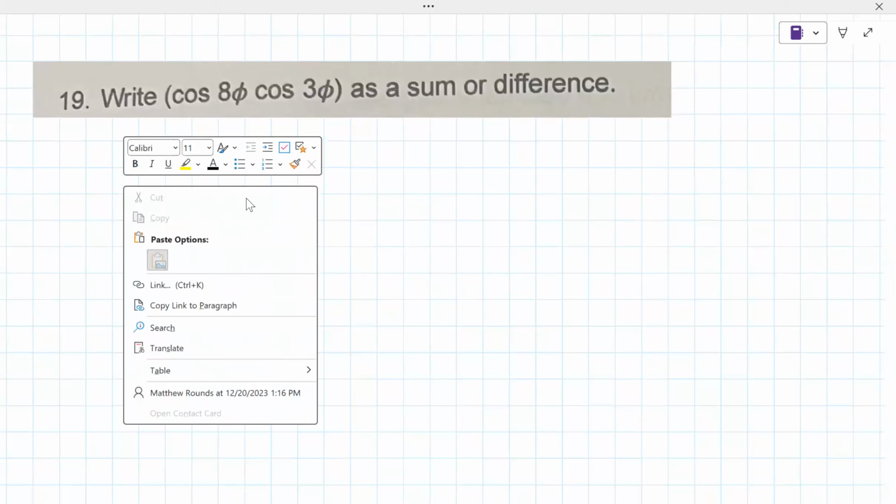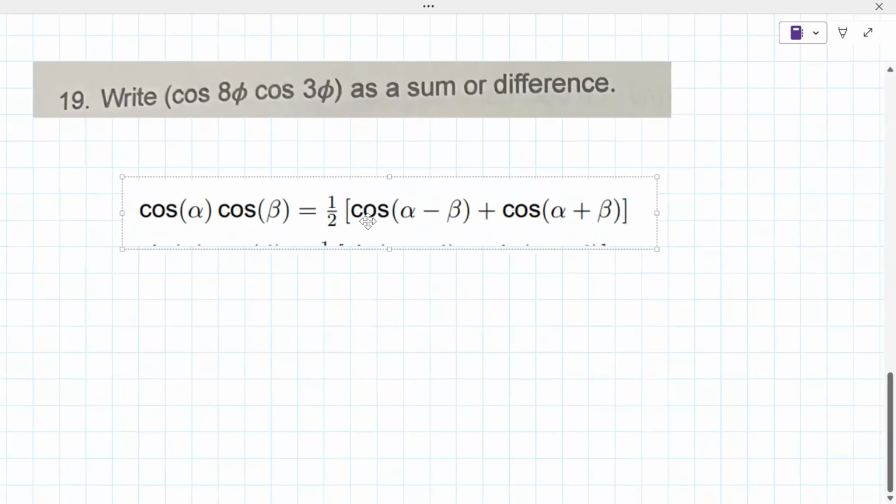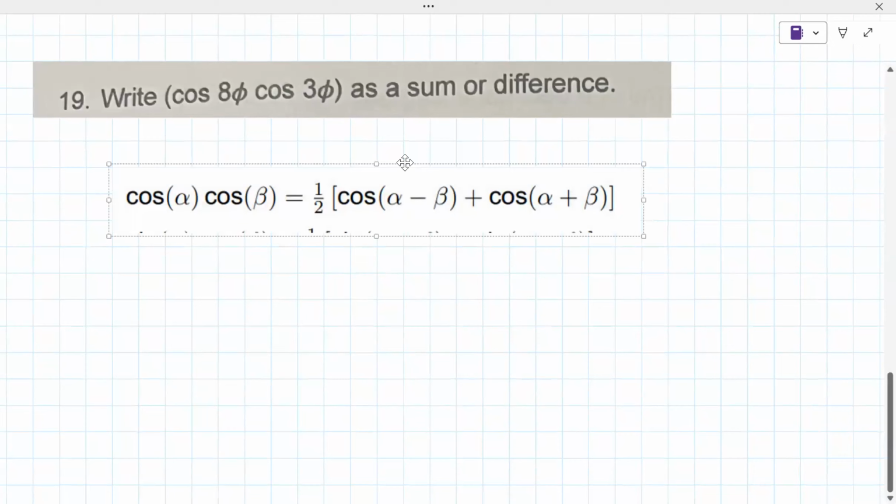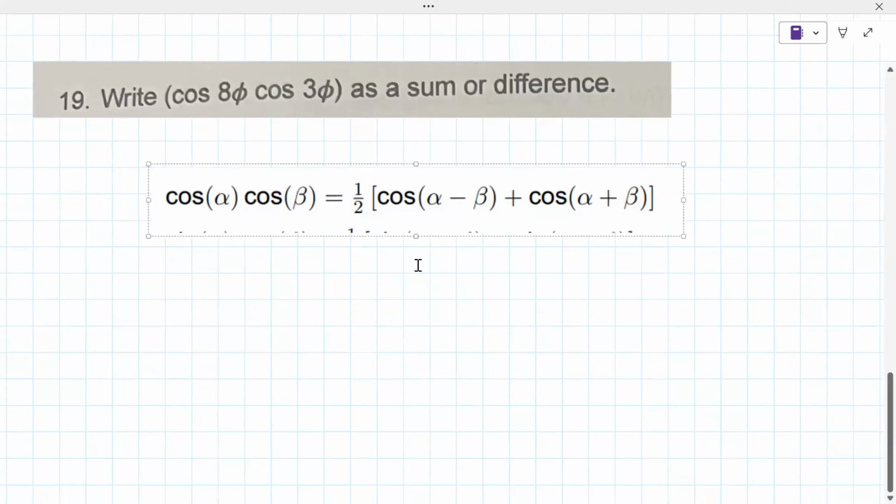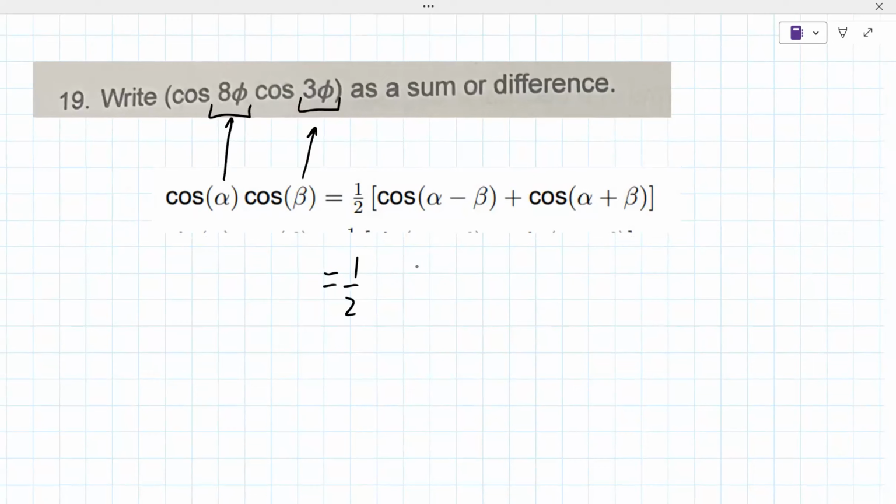Sometimes they don't want it as a single thing. I think they're just asking you to apply the product-to-sum formula here, where 8 phi is alpha and 3 phi is beta. So you're just applying the formula here.